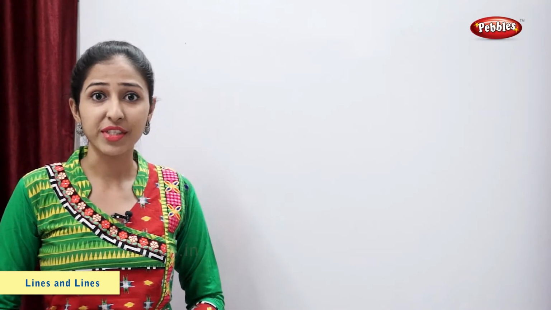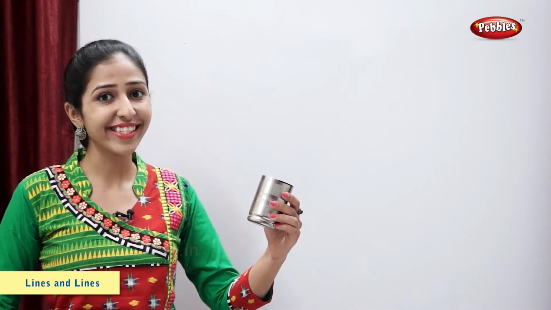We can draw curves directly with our hand or using a bowl, a glass or a bangle. Let's see how. Let's draw some curves with the help of this glass.